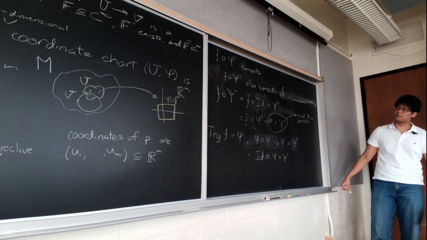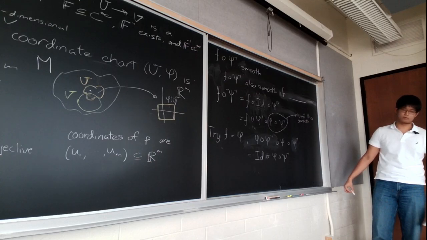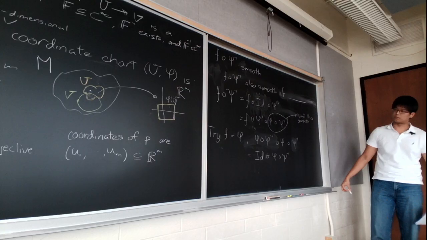Do you see how the required behavior demands that phi composed with psi inverse is smooth? No. That is what you showed by picking an F. You say, if that behavior is true, that implies that phi composed with psi inverse is smooth. That's what you show in this last line.